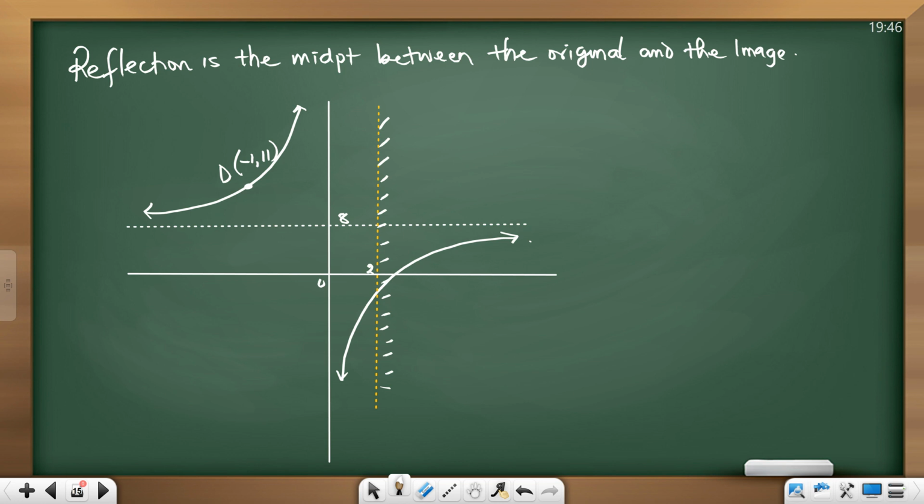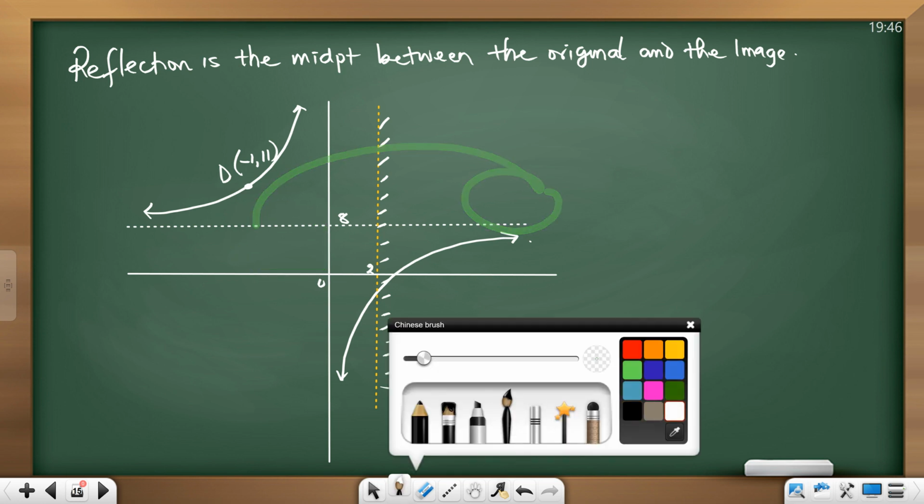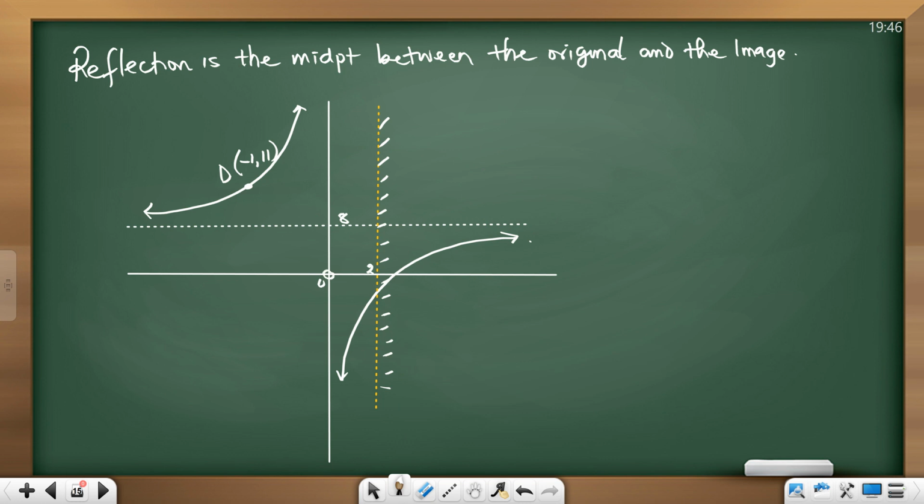Let's start by looking at the right hand side. That's what we're saying. Reflecting along that vertical line, we are turning the graph from this point. Everything. Guys, find what is going to be my x value.